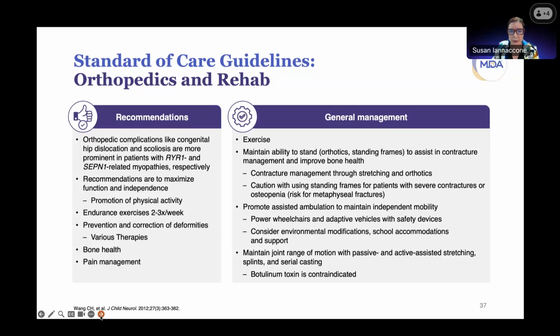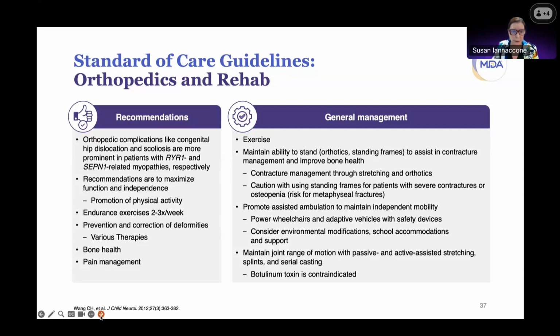We rely heavily on the expertise of our pediatric orthopedic surgeons, and particularly those who have good experience with neuromuscular patients. We do encourage physical activity and exercise, but again, that has to be designed specifically for the patient, depending on the degree of their weakness and their mobility needs.